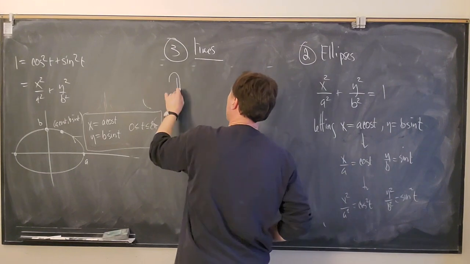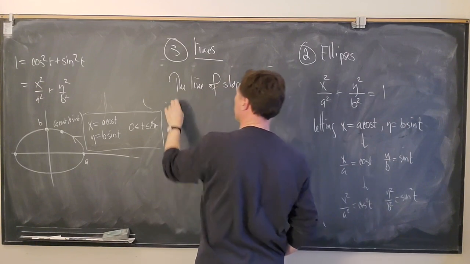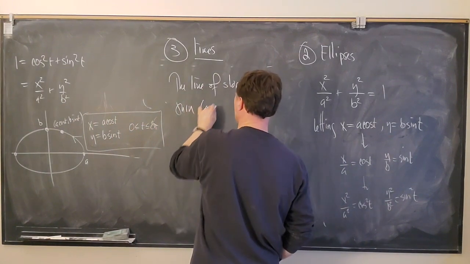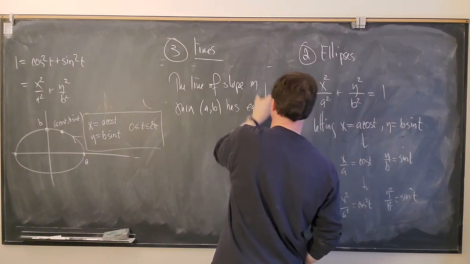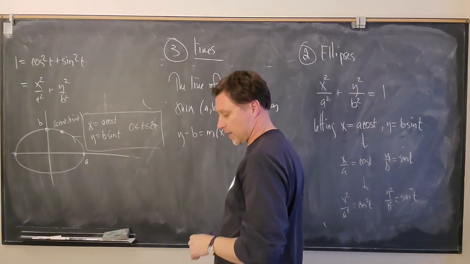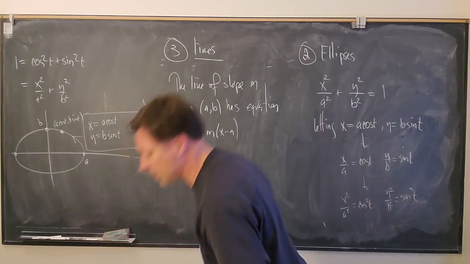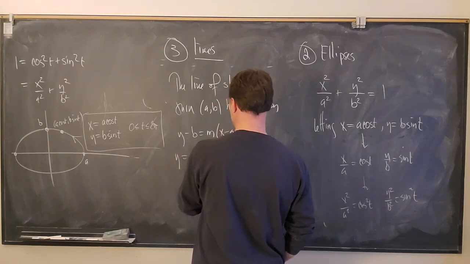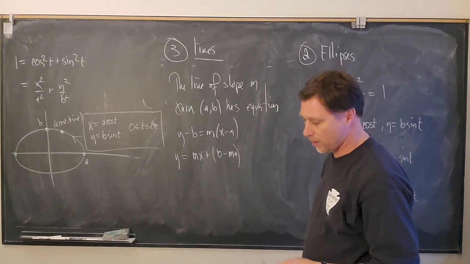So say it like this: the line of slope m through the point (a, b) has equation y minus b equals m times (x minus a), which I want to simplify, or multiply this out. So this is going to be y equals mx plus b minus ma. So all I did was solve for y here.